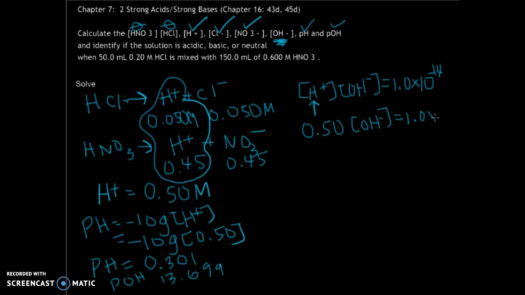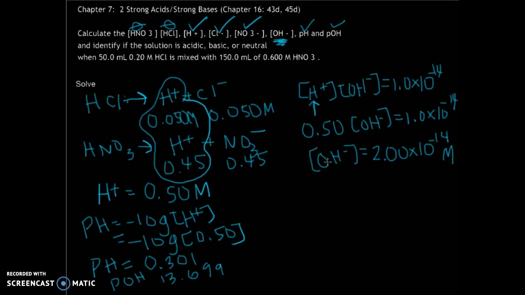Okay, this is basic algebra. Rearrange, and it looks like if you divide both sides by 0.5, your hydroxide concentration should come out to be 2.00 times 10 to the negative 14th molar.